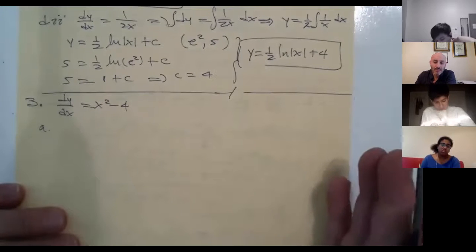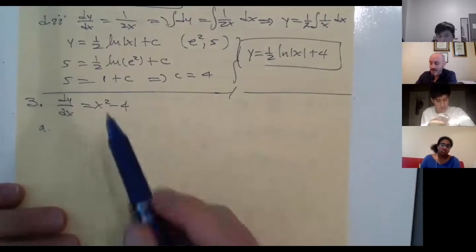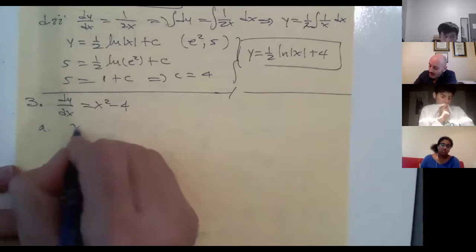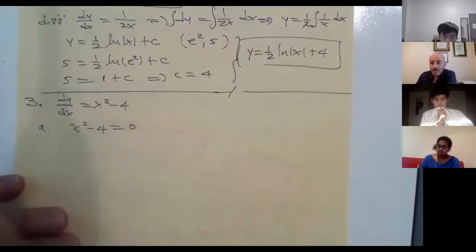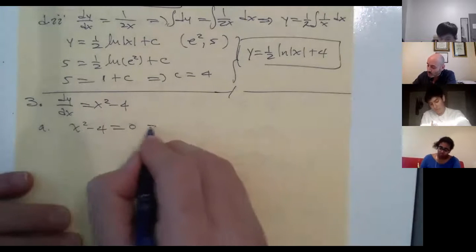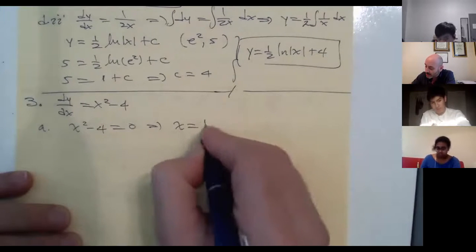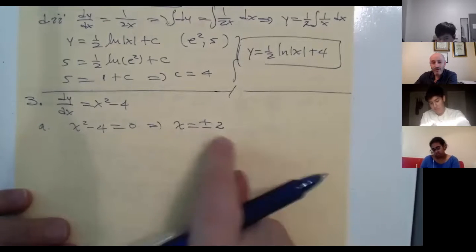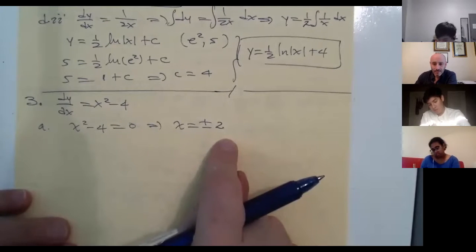So how do we find maximums and minimums? We take the derivative, which is given, set it to 0, and find those values. Those are the possible maximums and minimums because those are the critical numbers. So we make that 0 and solve for x, which is either plus or minus 2. So one of these is a max, okay?